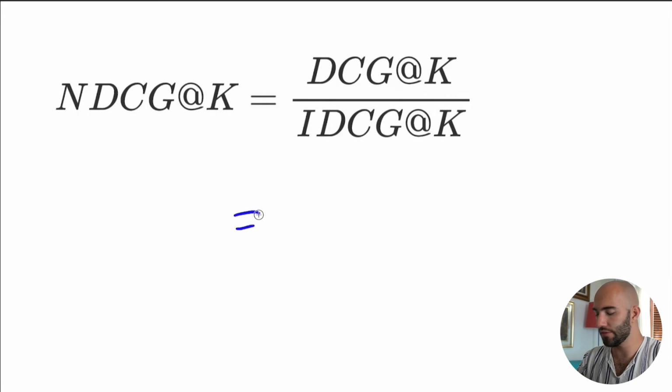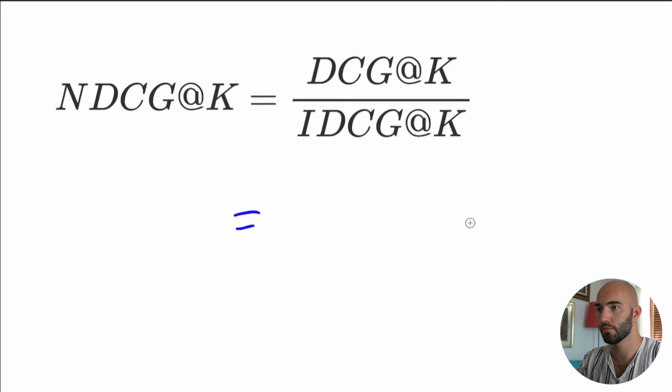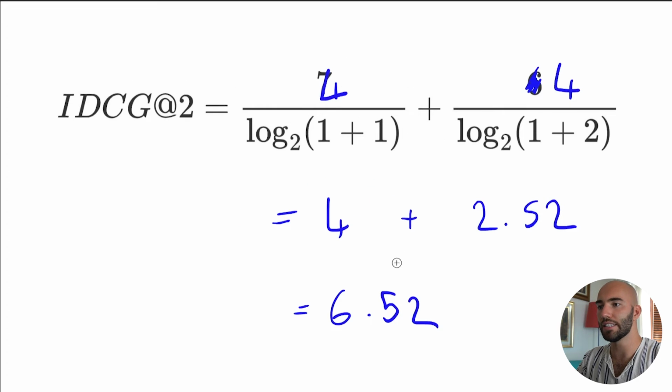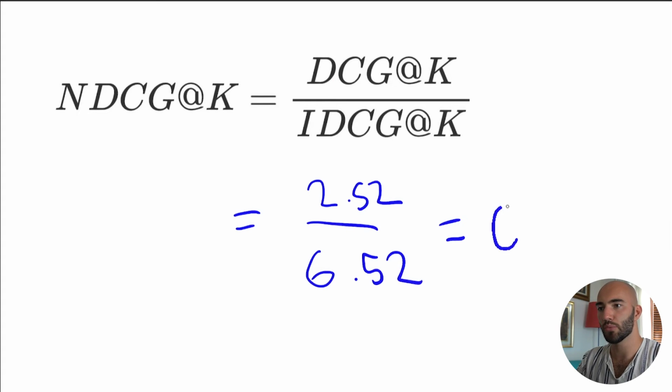So for our DCG value, we got, using query 1, 2.52. And our IDCG is 6.52. And that leaves us with a not too great score of 0.39.